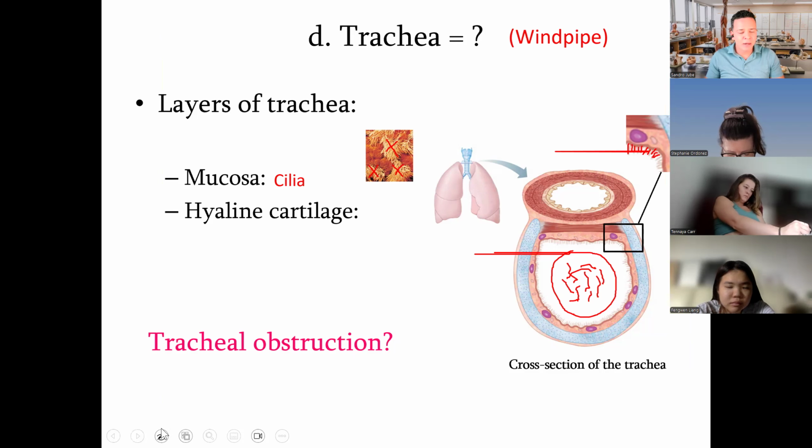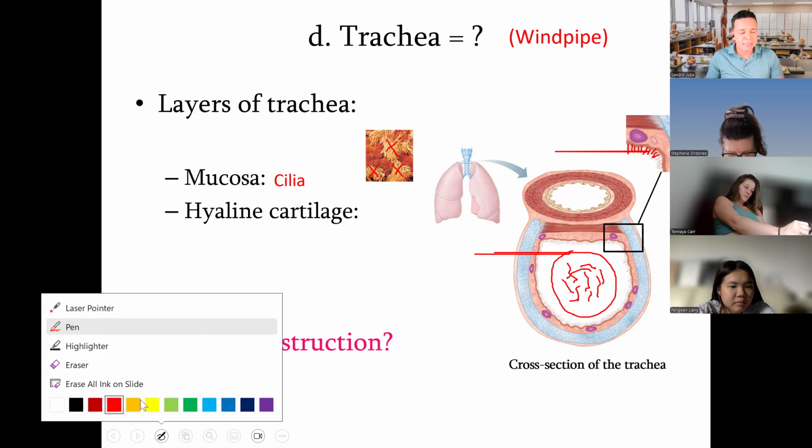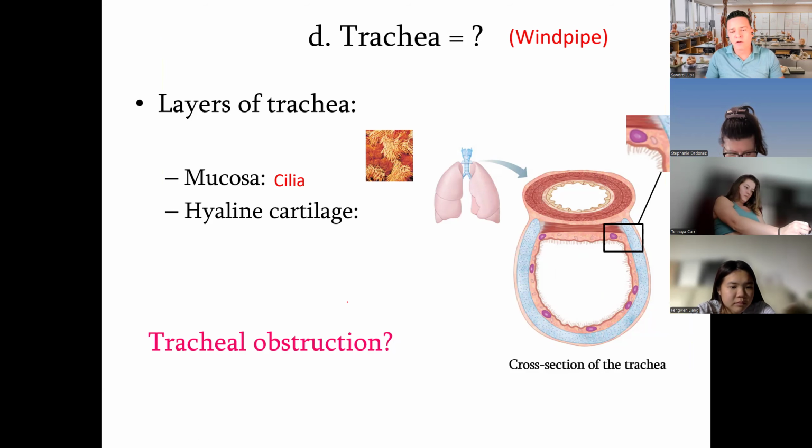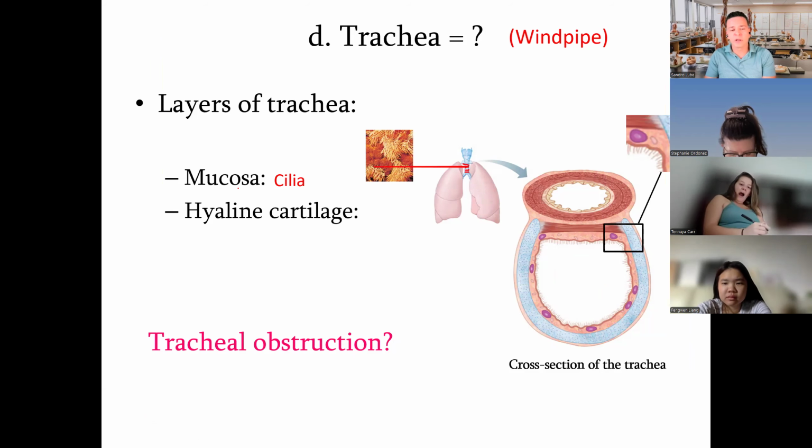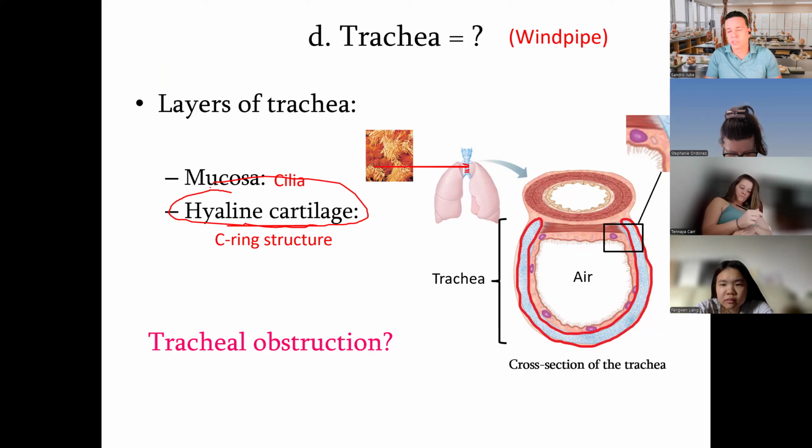Now, we can see right here, and we're going to see this better in another view as well, that the trachea is formed by a lot of little rings of cartilage, folks. And these little rings of cartilage are what we call the hyaline cartilage, also called the C-ring structure, because it has the shape of a C. Now, I have a question for you.